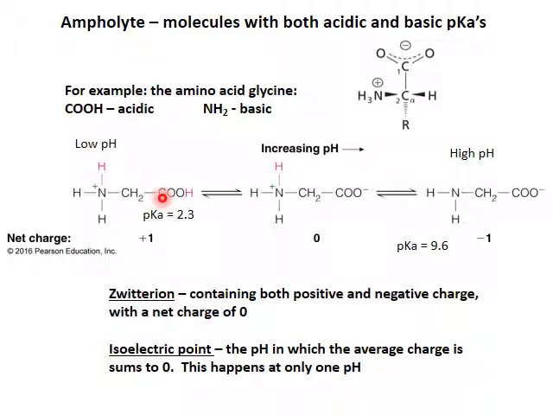There'll be a combination of some of this dissociating, but the predominant population will be +1.